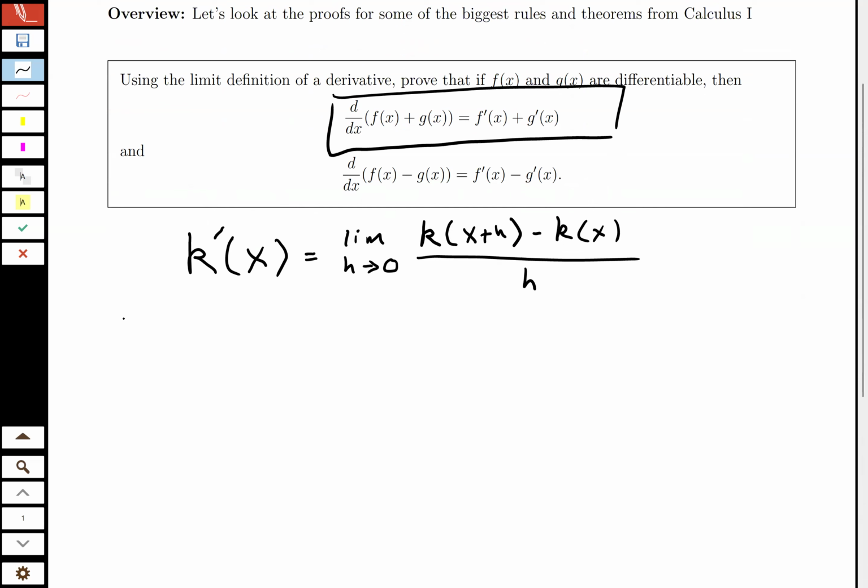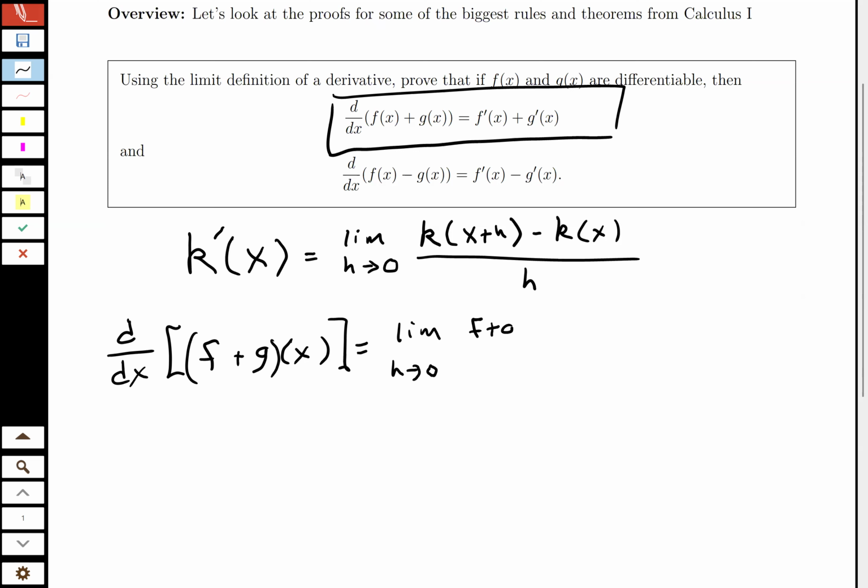So I'm looking for the derivative of the function f plus g of x. And you can write that as f plus g of x, with x in parentheses like this, or you could write it as f of x plus g of x. Either of those notations work just fine. So this is going to be the limit as h goes to 0 of our function.